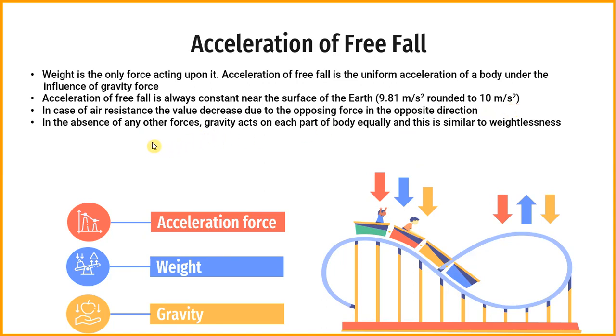In case of air resistance, the value decreases due to the opposing force in the opposite direction. And in the absence of any other forces, gravity acts on each part of the body equally, and this is similar to weightlessness.